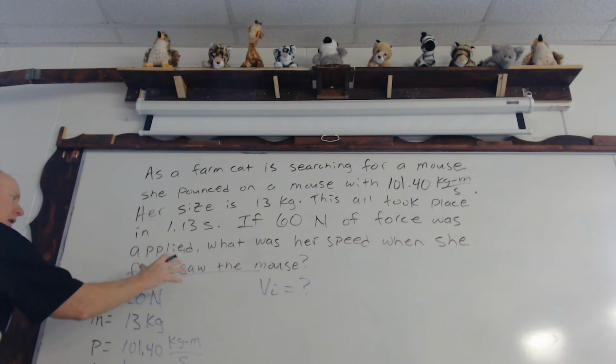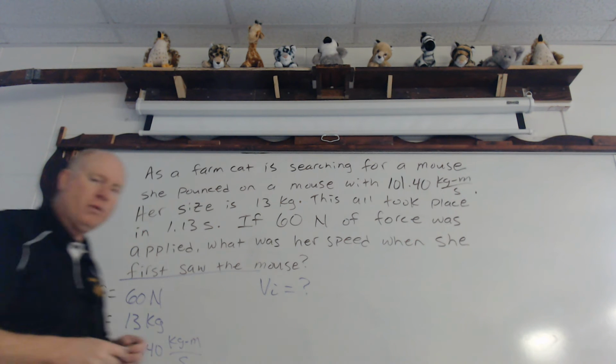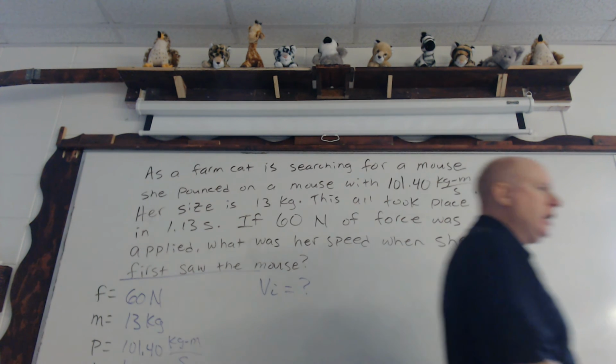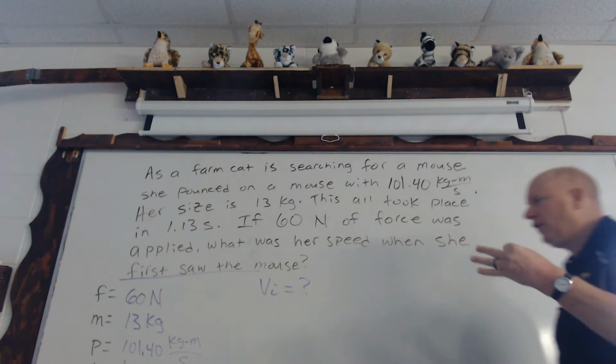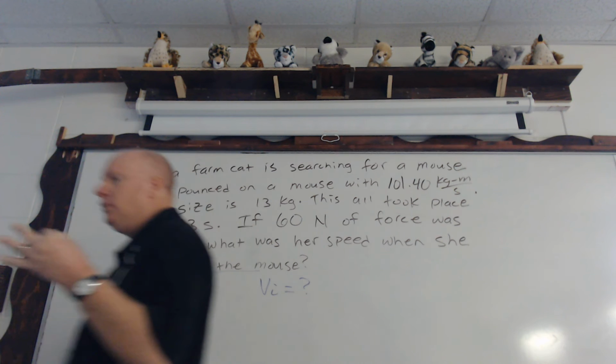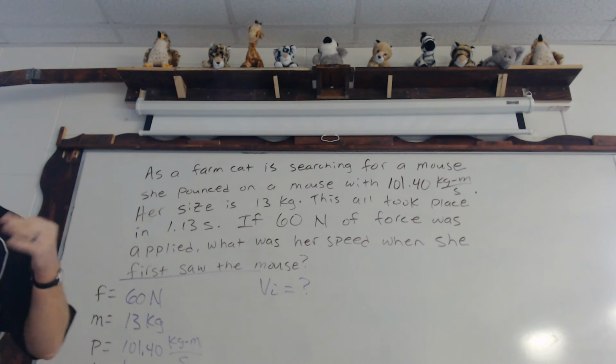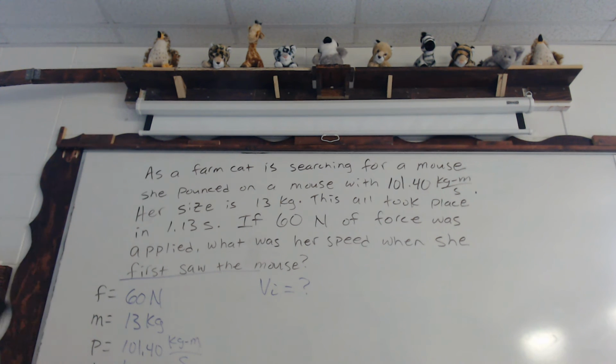Now, in order to find an initial velocity, you'd have to know where that's found in a formula. And of course, that is found in your acceleration formula. So with that, there are three things that we need to know to solve for a velocity with that acceleration formula. And we only have one of those, and that is the time.